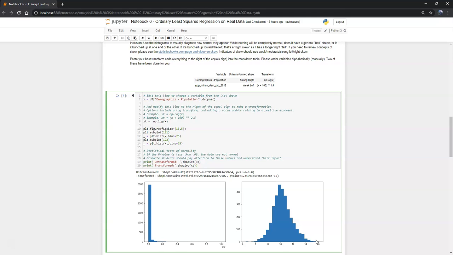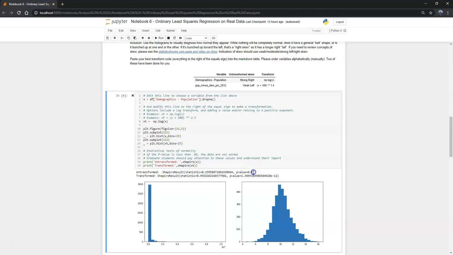I may certainly report them in the write-ups and the analysis that I do, but most of the work that I do to try to achieve normality out of a data transform is just visual. So in this case, we're using the Wilks-Shapiro test, which is one of a bunch.